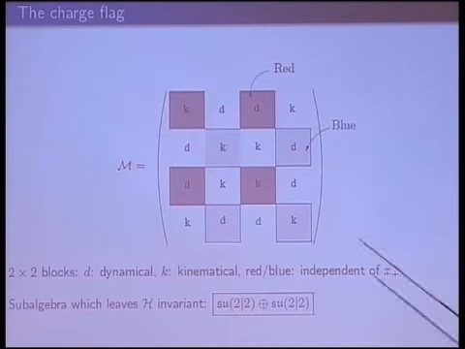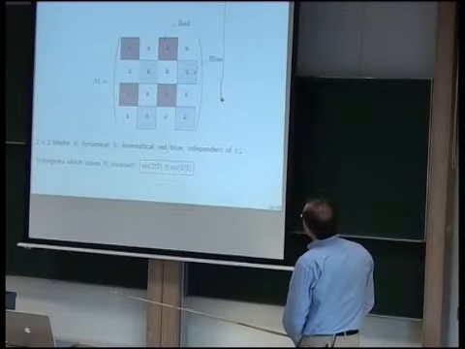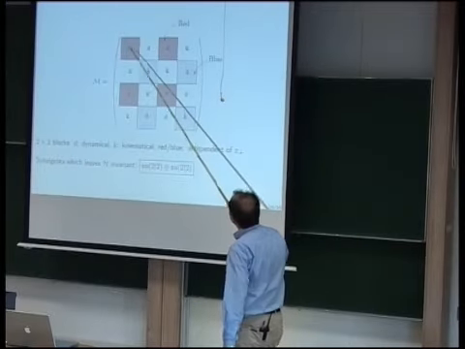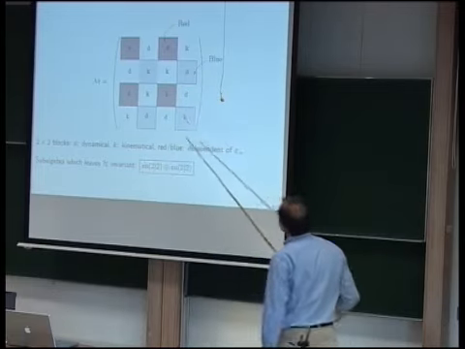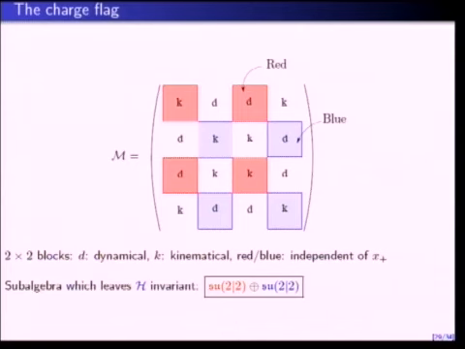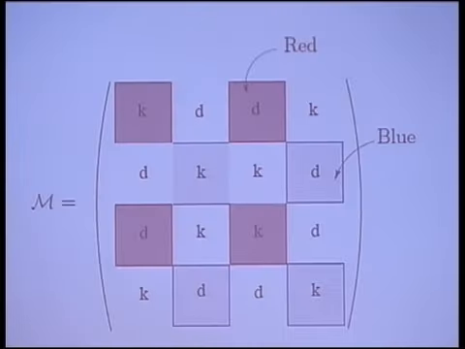The Hamiltonian is diagonal, and this exactly gives you the SU(2|2) plus SU(2|2) structure, which has always kinematical and dynamical pieces in it. So the bosonic generators are kinematical, the fermionic ones are dynamical.